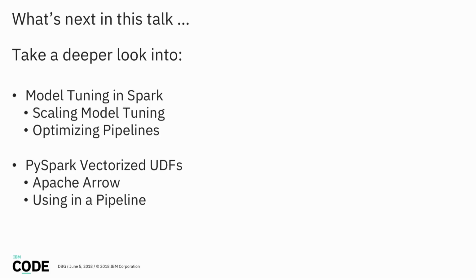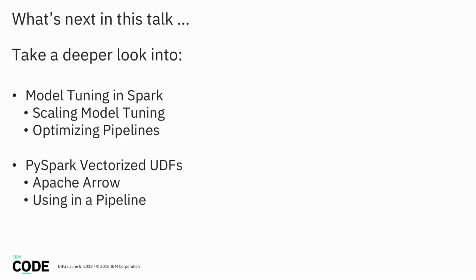OK, so first I'm going to talk about model tuning in Spark and cover 2 different topics: how to scale up with an existing feature in Spark 2.3, and then some ongoing research that we've been doing in optimizing this for pipelines. The second part is going to focus on PySpark Vectorized UDFs, also called Pandas UDFs.